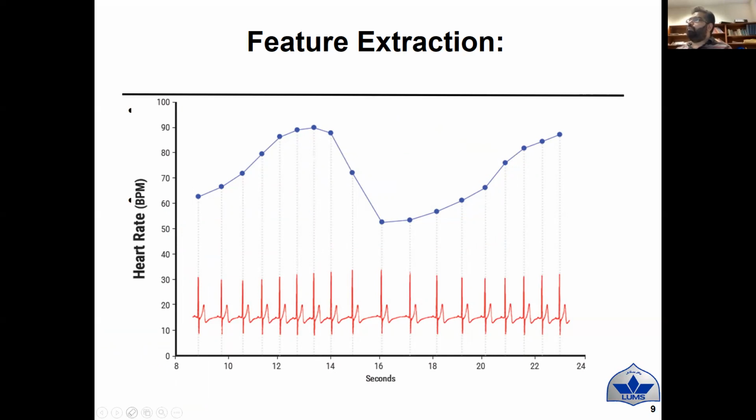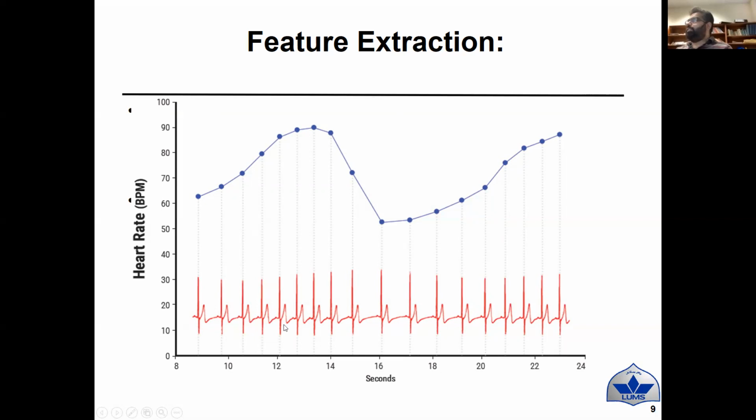Somehow you will have the pattern shown in this configuration, where you have your ECG data shown in the red line here.